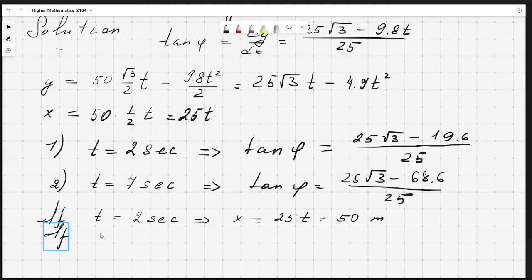If t is 7 seconds, then x is 25 times 7 equals 175 meters.